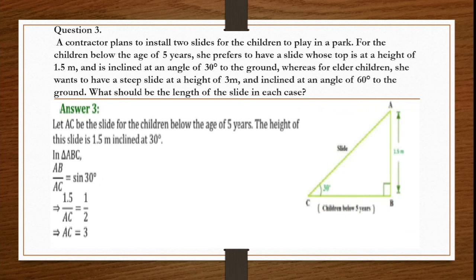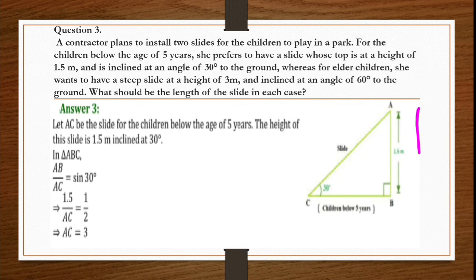Now question number 3. A contractor plans to install 2 slides for the children to play in a park. For the children below the age of 5 years, she prefers to have a slide whose top is at the height of 1.5 meter.